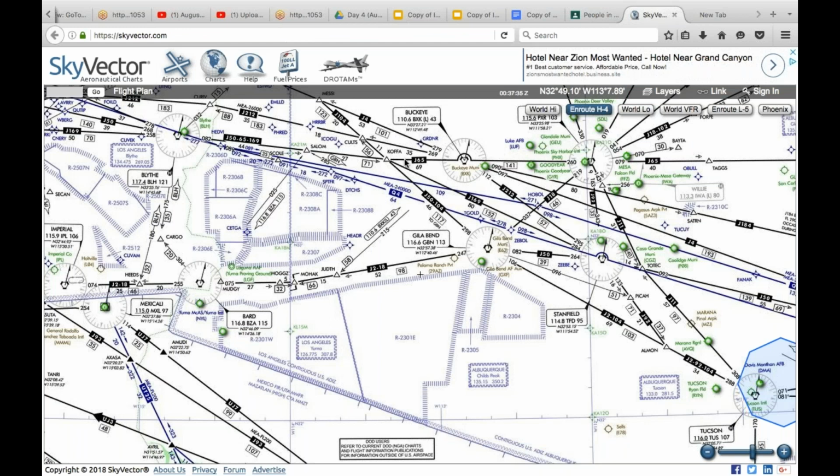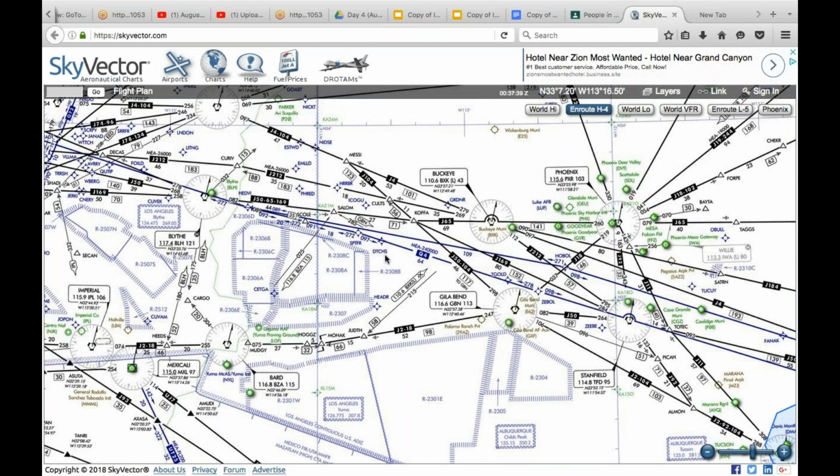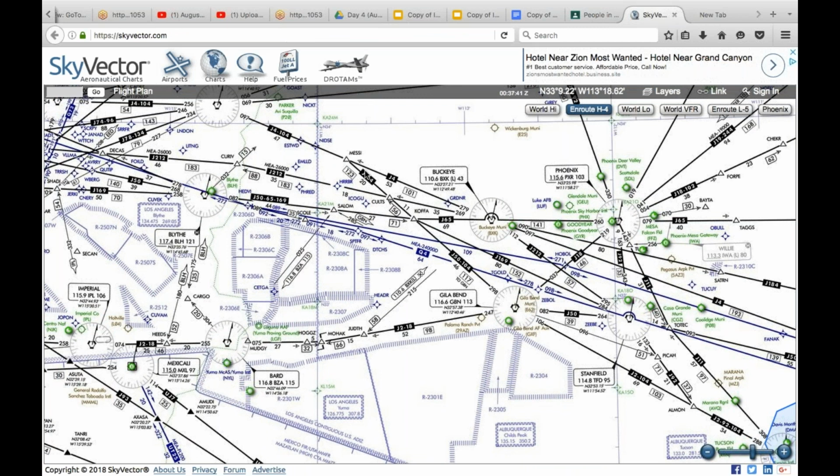So here we're looking at, if you have a 5-letter name, you're going to be so pleased whenever you find your name. Mine's in Northern Illinois. But it's always going to be a 5-letter symbol here. So this little triangle is going to be a fix.